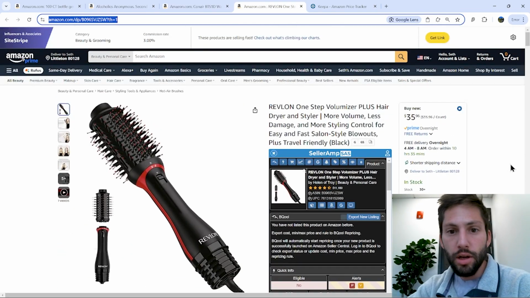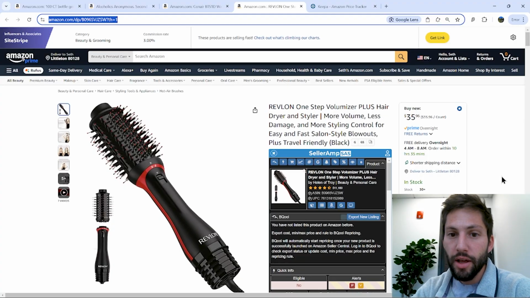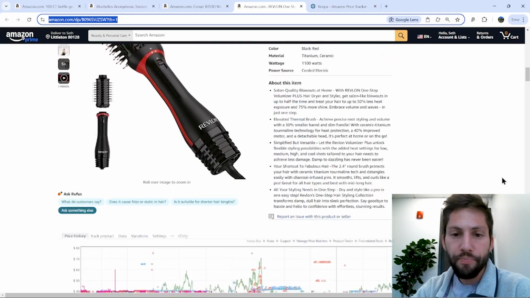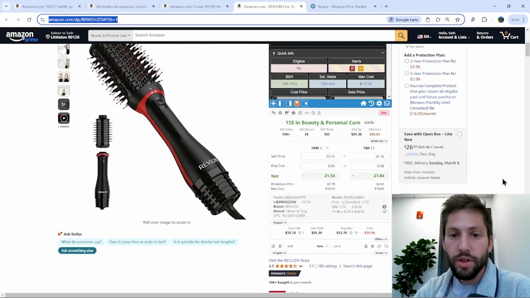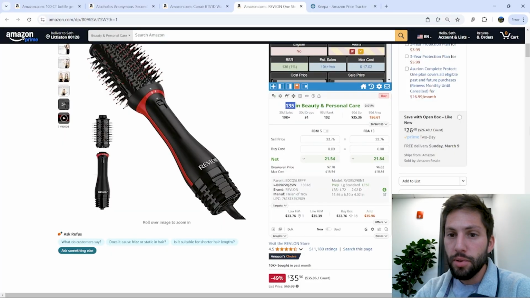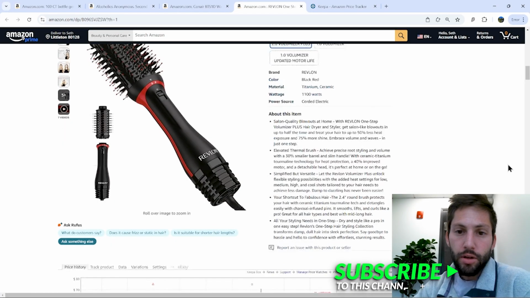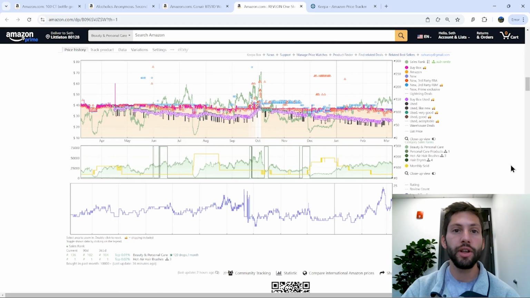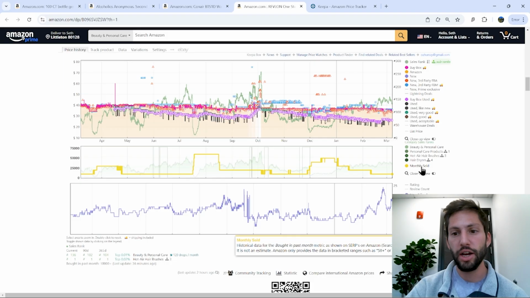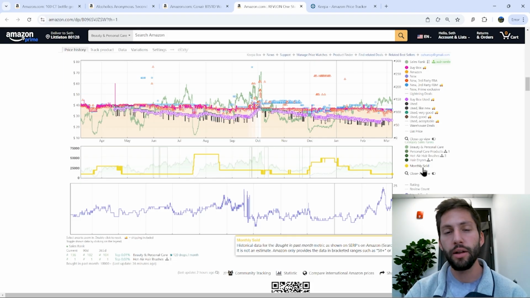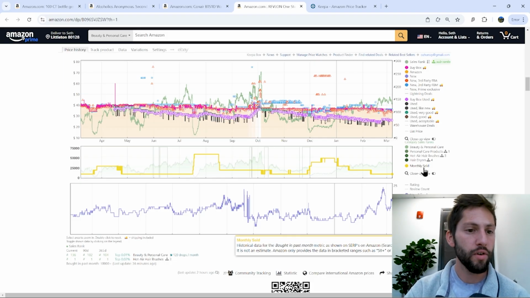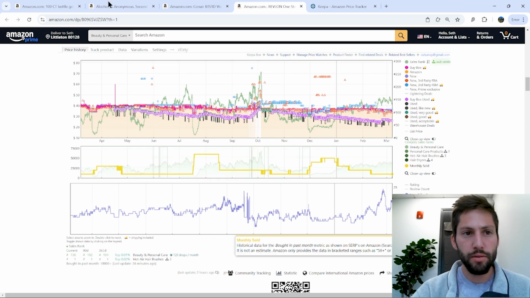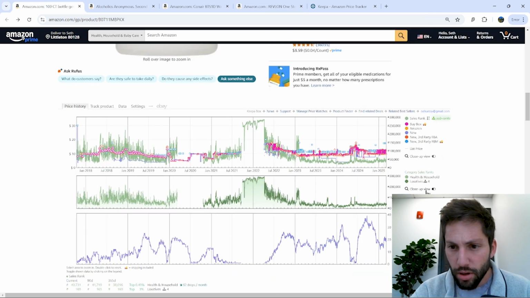So now this one is a very different listing. This is a very popular Revlon hairdryer and styler, and this is 135 in beauty and personal care. So this is a very fast-selling item. And here's another feature that we haven't talked about yet, which is this monthly sold section right here. And so on items that will sell over 50 times a month, let's see, was it not on this one?